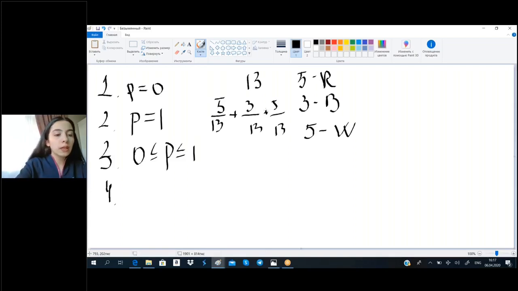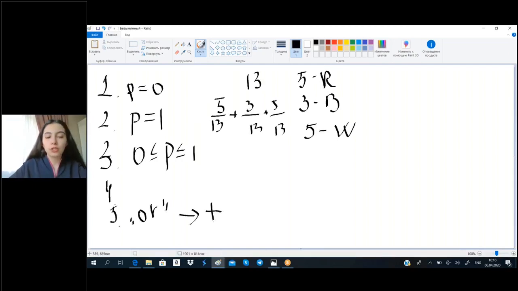And fifth one, the final probability of 2 independent events, or suppose that we have the word or in the question. So the final probability of 2 independent events can be found by adding the 2 probabilities of the events. It means that if we have the word or, we will use addition.